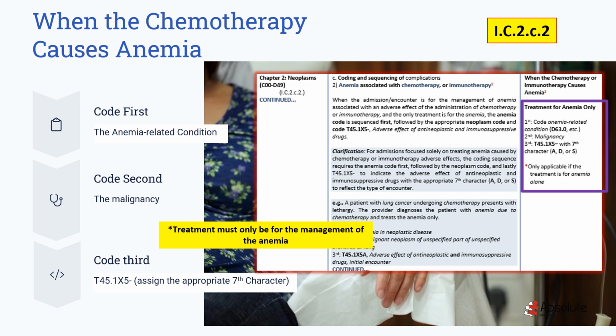That's when they stimulate the bone marrow to produce more red blood cells. So these are treatments that you'll find in your documentation that will give you an idea that the treatment is directed at the anemia. Now we have another complication.